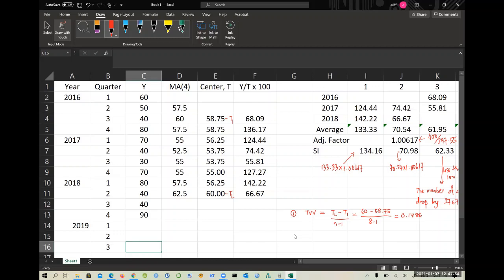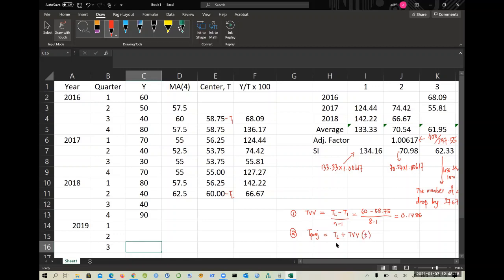And then the second step is to calculate the T projected. Okay, the T projected is given by TL plus TVV times small letter t.